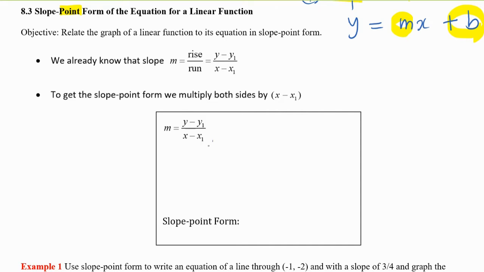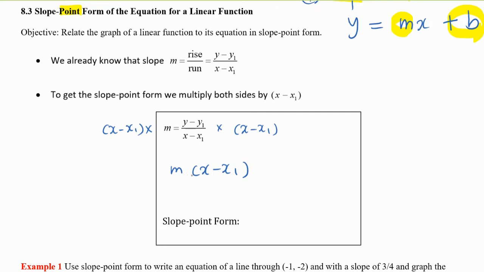From here, we're going to multiply both sides by x minus x1. Then I have m times x minus x1, and we can change the order because in multiplication, when we change the order, it's still the same.